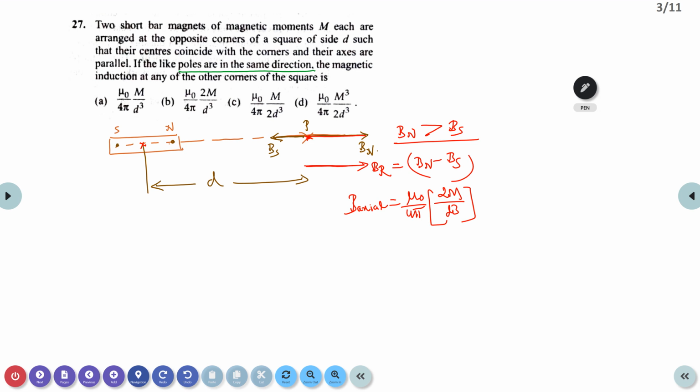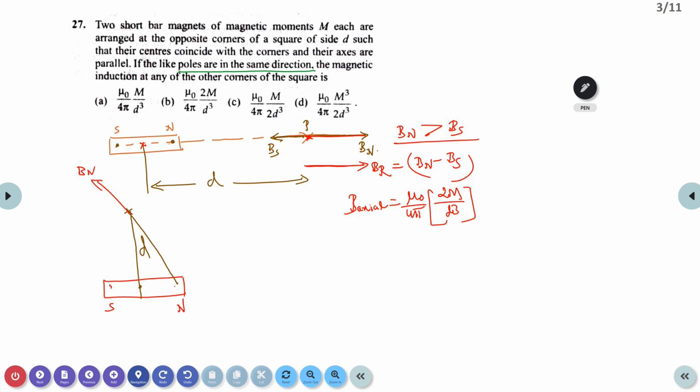Next, for the equatorial line, I am writing equatorial. This is equatorial, it will bisect, and this distance from this point is D. Here I want to calculate the magnetic field at this point. Now I will join it. This is the North Pole, so the direction of the magnetic field is like this.